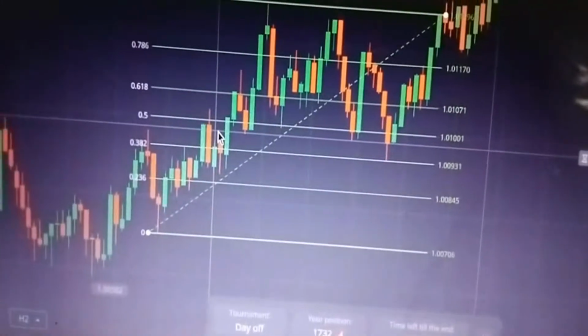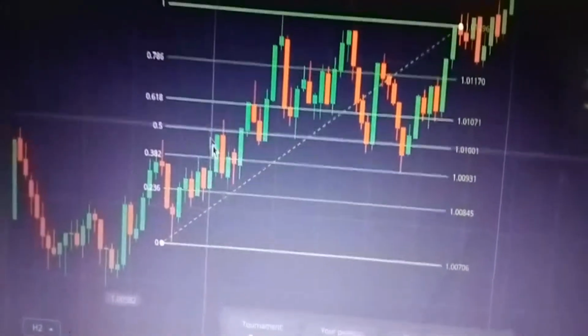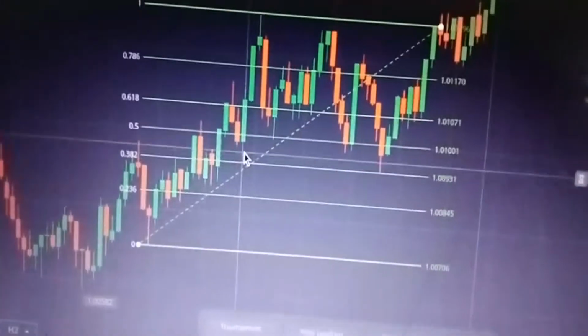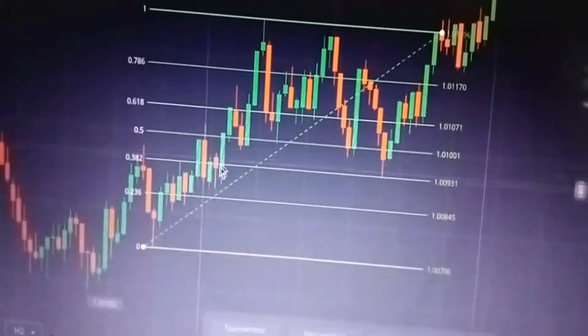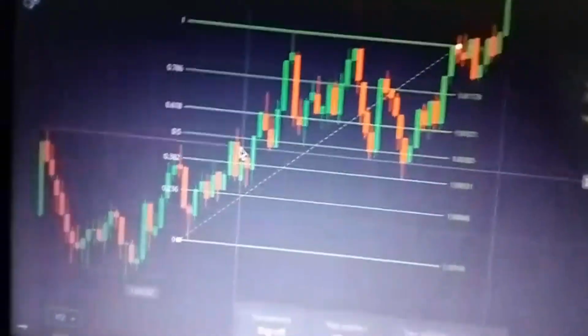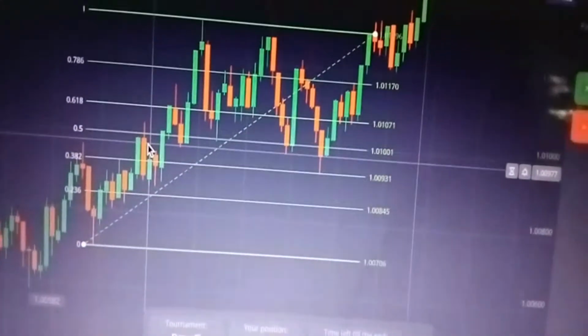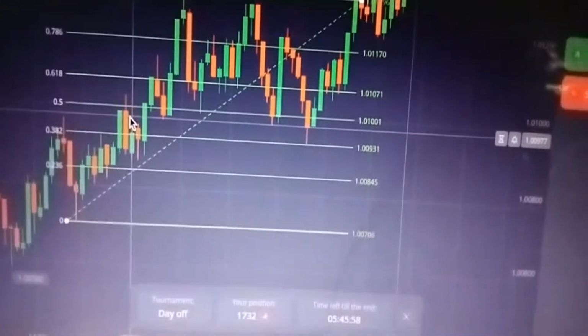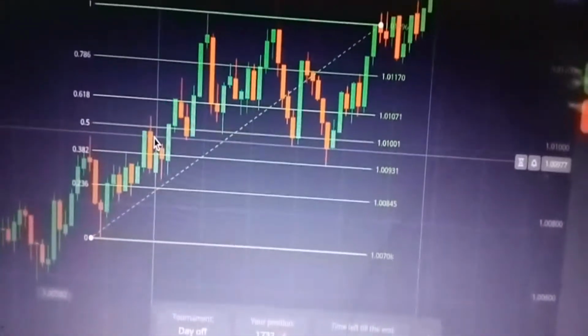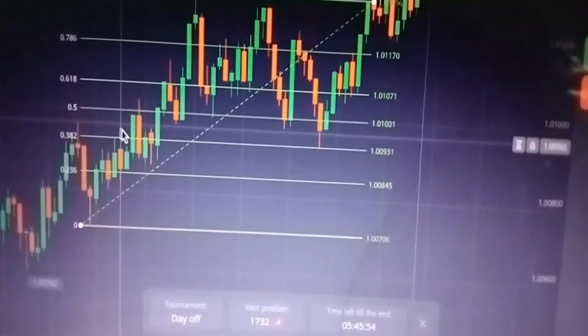So it is in alignment with optimal trade entries. The arrays that are in alignment with optimal trade entries are the ones that are going to be used as support or resistance.